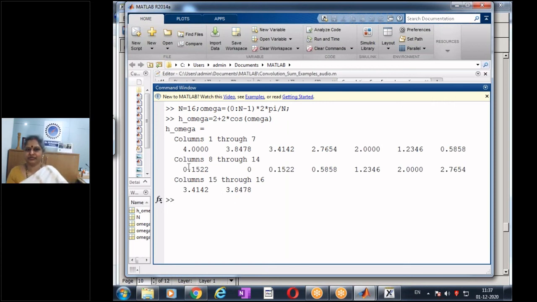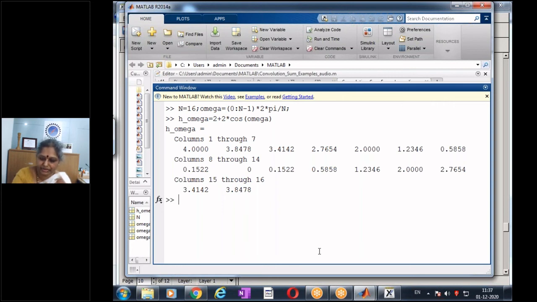I get the result as 3.84, then 3.414, which was the result corresponding to n equal to 8. Then in between I have a value 2.76, then 0, then 1.23 and 0.58 and so on.